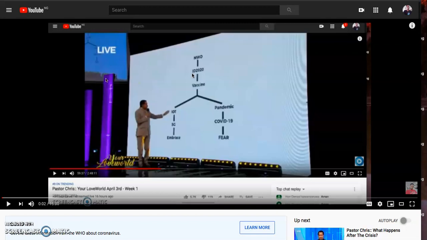I might be wrong, but if you think you have the correct answers, feel free to drop it in the comment section. Let's discuss. How did ID 2020, that was launched several years ago for the aim of sending out vaccines with digital ID, how come it's now fulfilled in 2020? It's either the person that is behind it is a prophet or it was done on purpose.